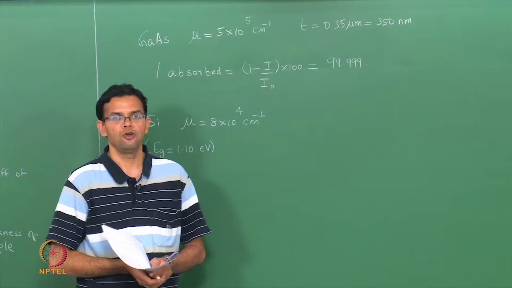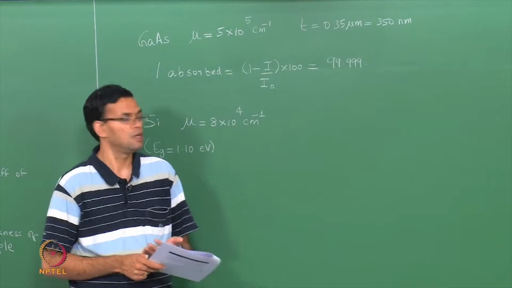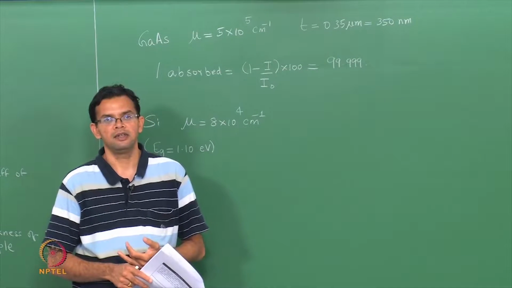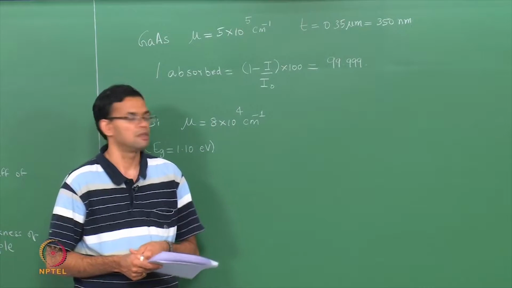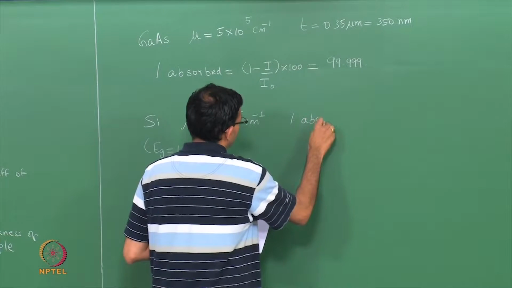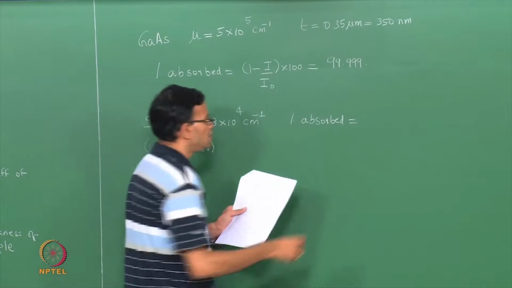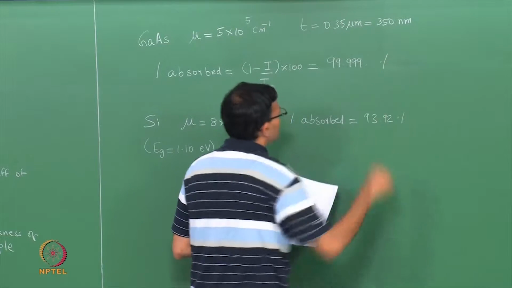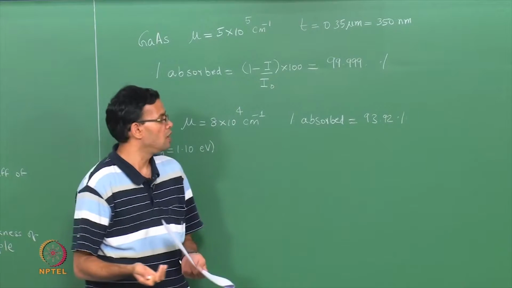Even though it has a lower Eg, the value of the absorption coefficient at 2 electron volts is slightly lower than that of gallium arsenide, and this is related to how the density of states is distributed in the valence and the conduction band. Taking this value of mu, we can calculate the percentage absorbed. You can again plug in the numbers, and this is 93.92%. So, it is still a high number, but nearly 7% of the light gets through while the rest is absorbed.